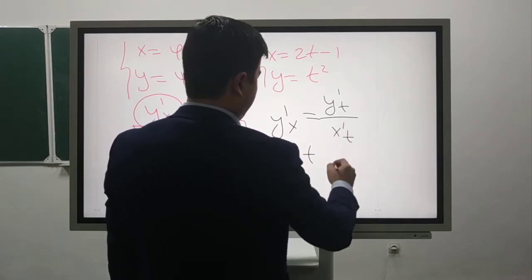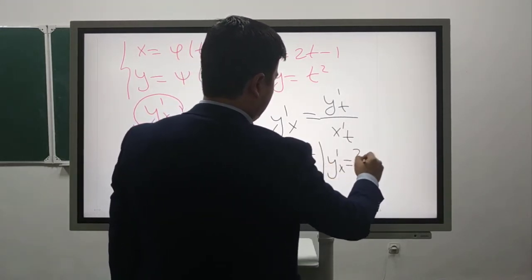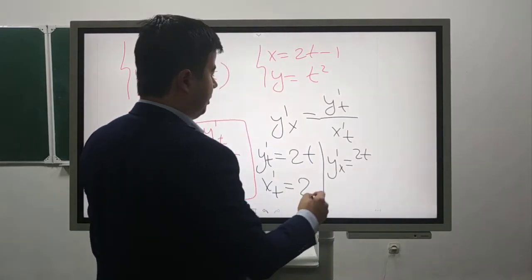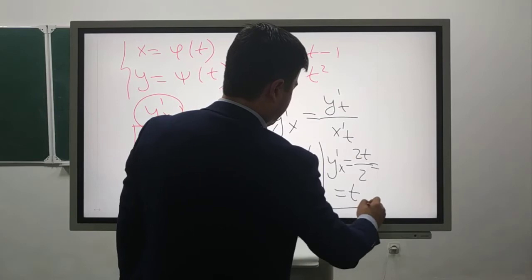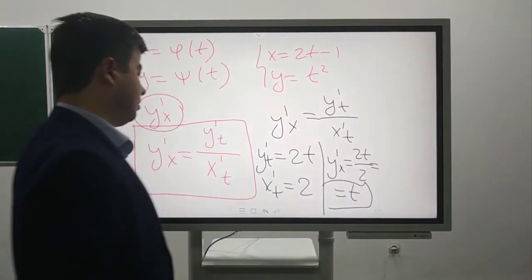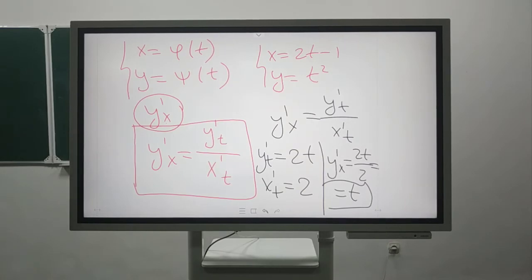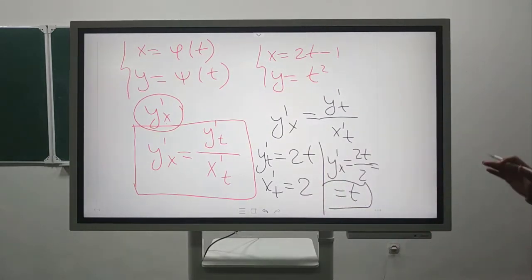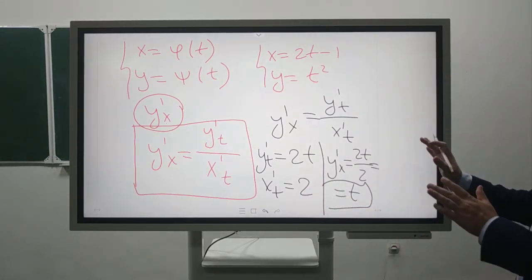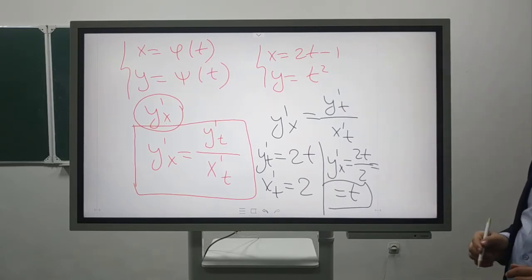So if we put here, it is 2t over 2, or just t. So this is the answer, just t. So this is a function which is represented parametrically with x and y depending on t.